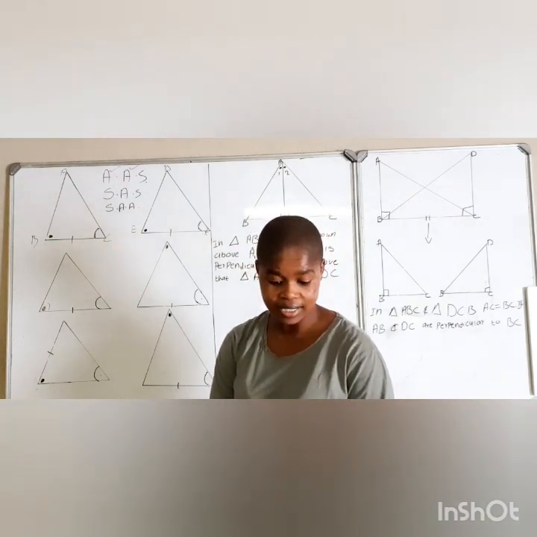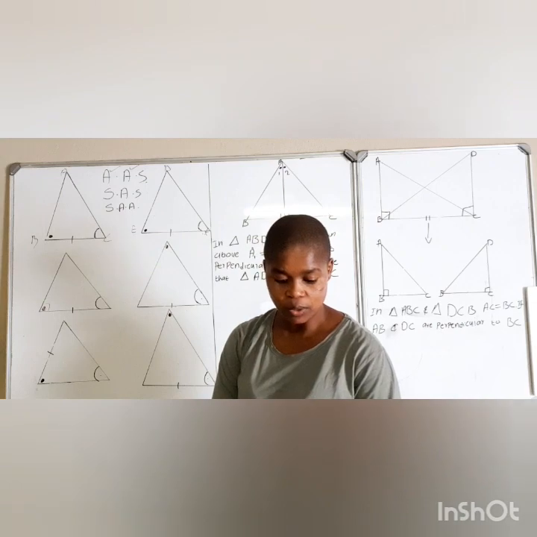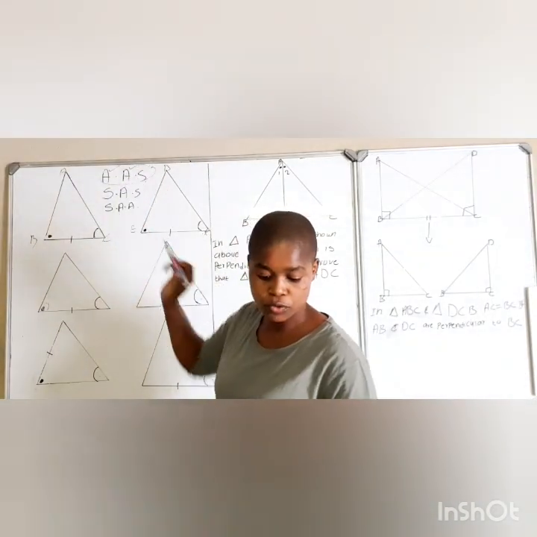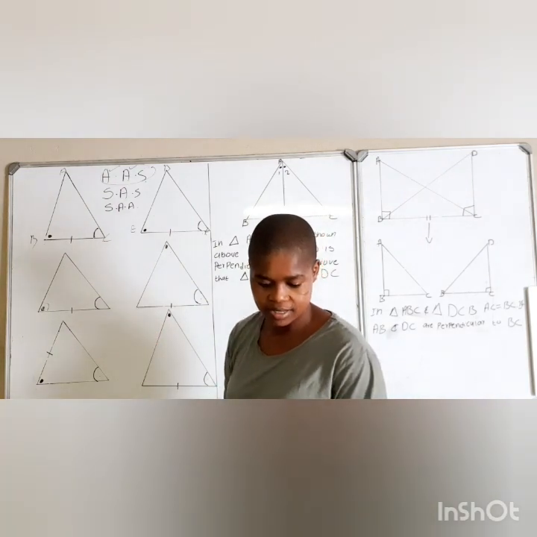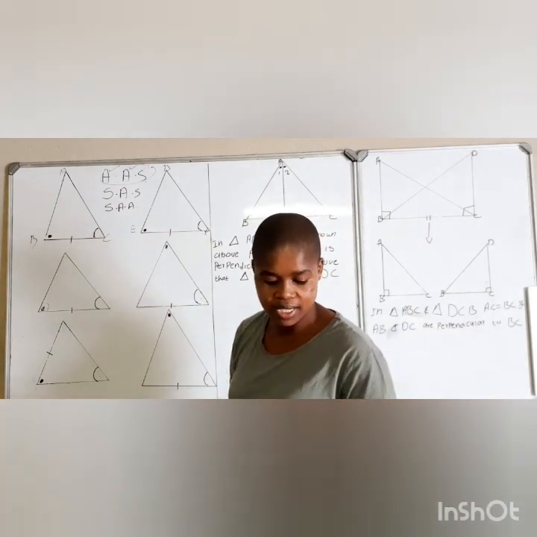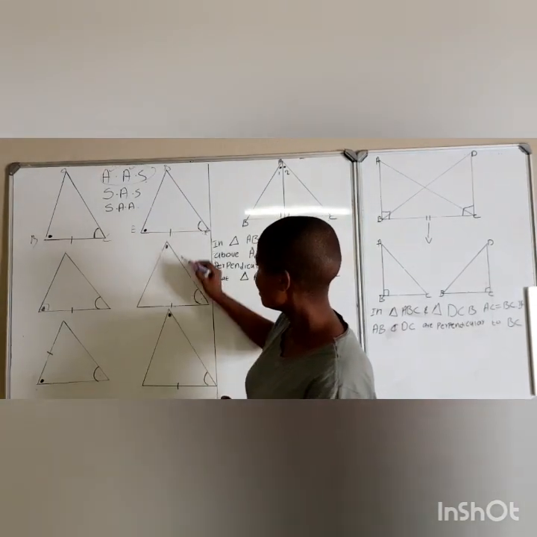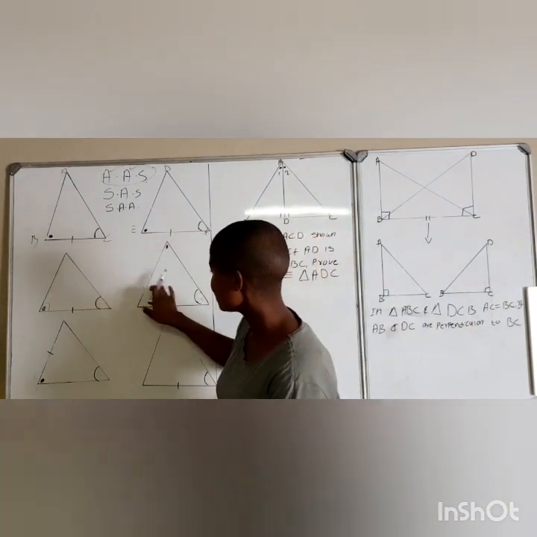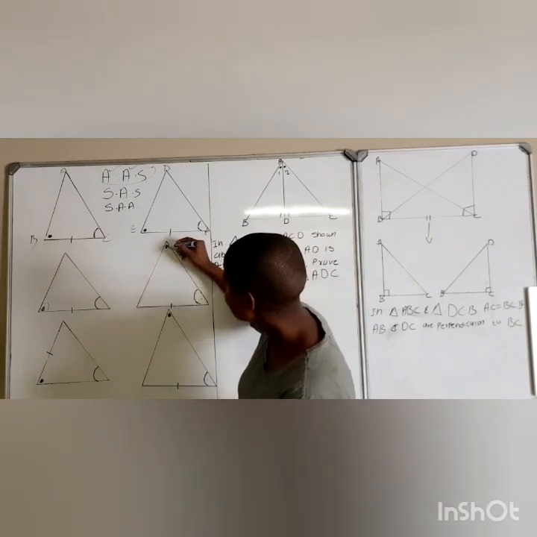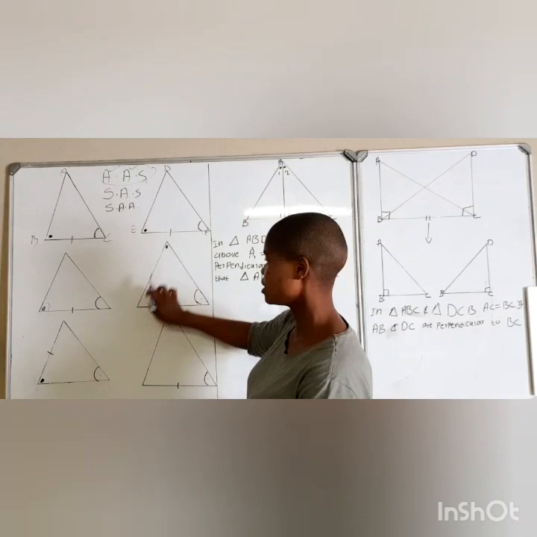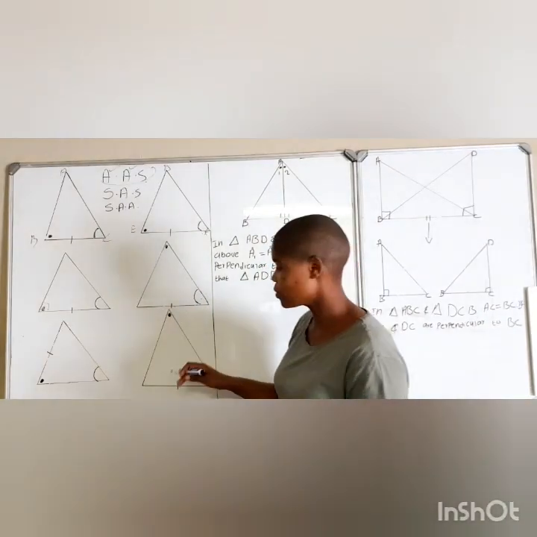Let me read that again. When using this to prove congruency, the angles must be in the same place relative to the equal side. So for these two triangles to be congruent, this angle should have been there. The fact that it's not there means they are not congruent.